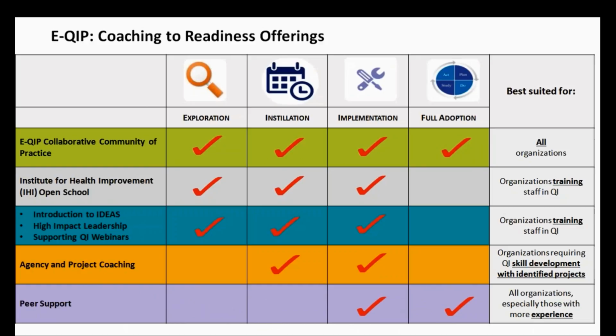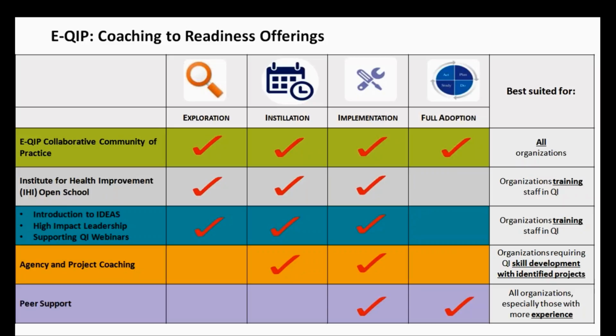So keeping in mind the stages of QI readiness that Sandra detailed, our specific offerings are targeted at folks at those different stages. For folks in the exploration stage, the most helpful resources would likely be the community of practice, what's called the IHI Open School, which I'll go into in detail, as well as our Introduction to IDEAS quality improvement training, high impact leadership training, and supportive QI webinars.